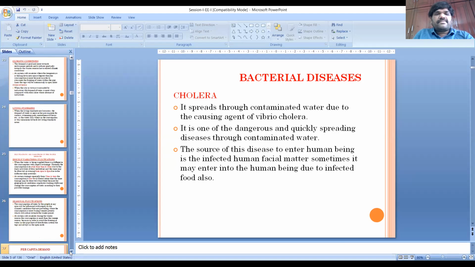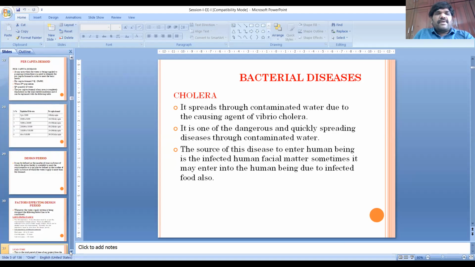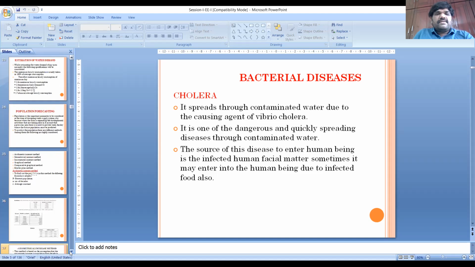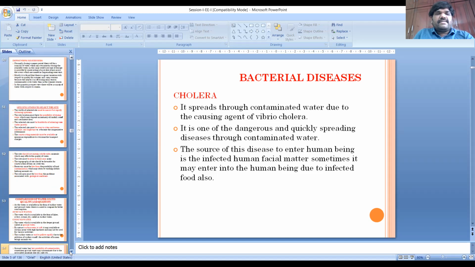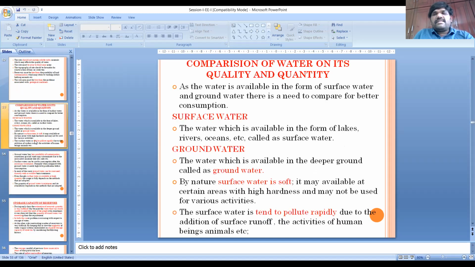After population forecasting, when we entered the second unit, this slide was already discussed, but one more time we are going to discuss comparison of water on its quality and quantity, as it is also included in the third unit.